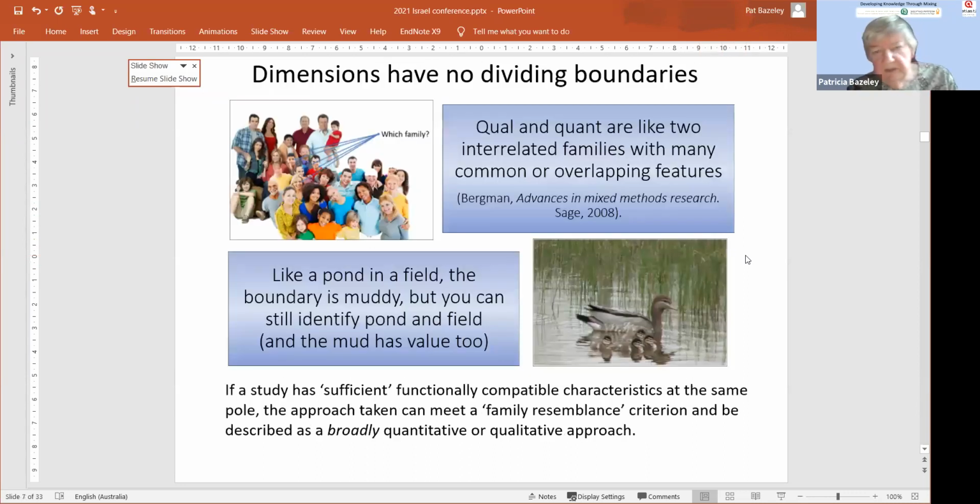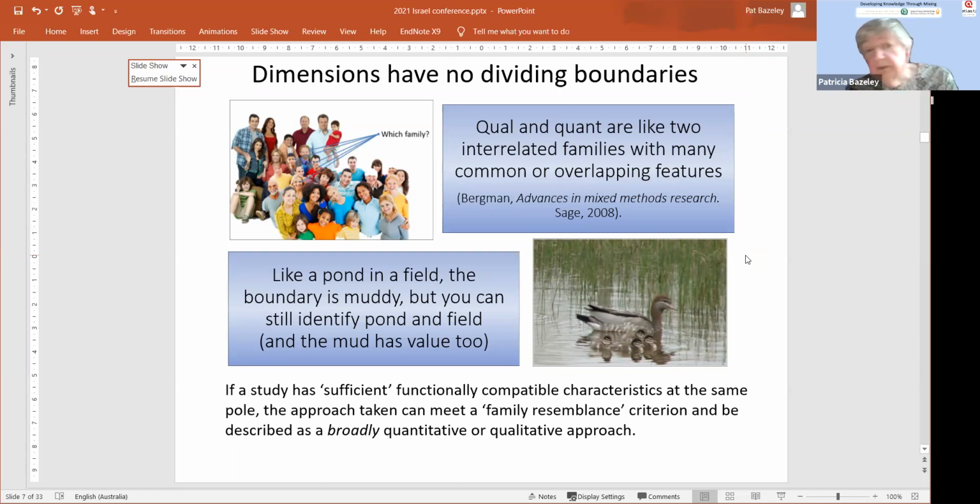So dimensions don't have a clear dividing boundary. Max Bergman described qualitative and quantitative approaches as being like two interrelated families that have many common or overlapping features.